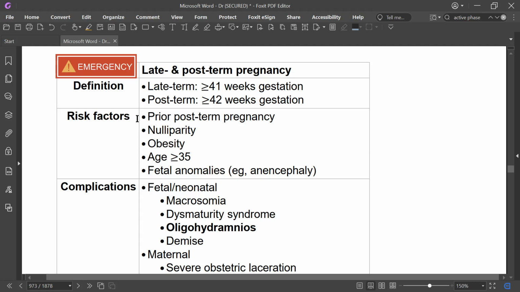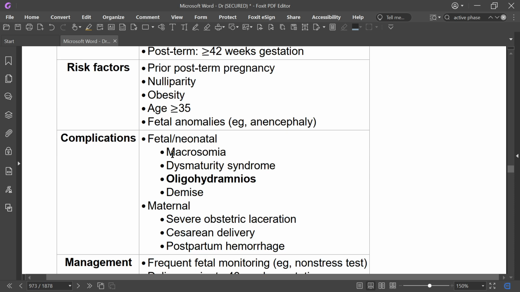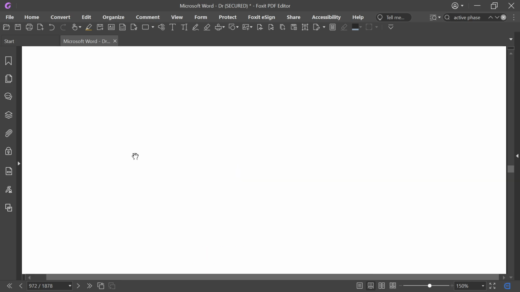Risk factors: prior post-term pregnancy, nulliparity, obesity, age 35 or more, and fetal anomalies such as anencephaly. Complications include fetal or neonatal macrosomia, dysmaturity syndrome, oligohydramnios, and demise.